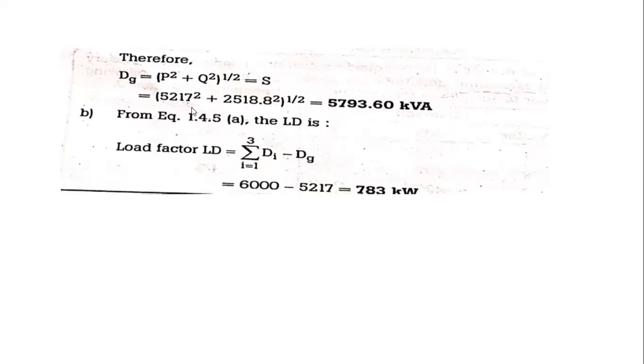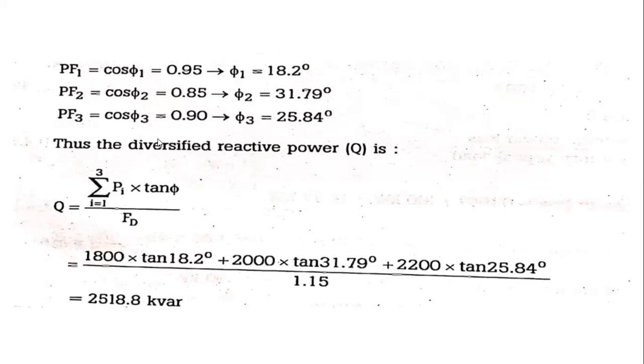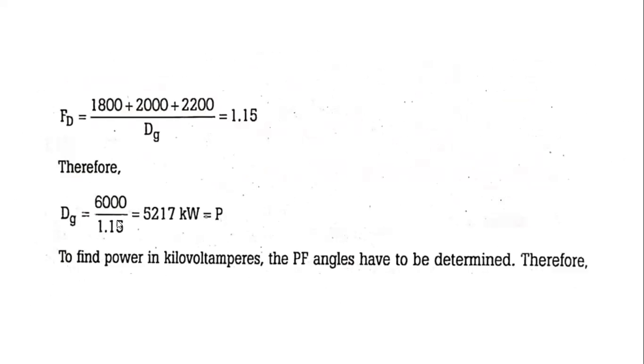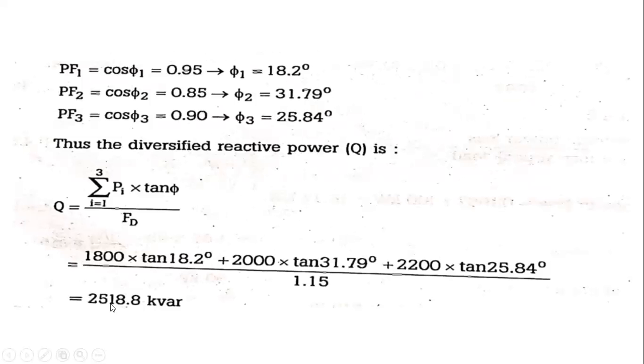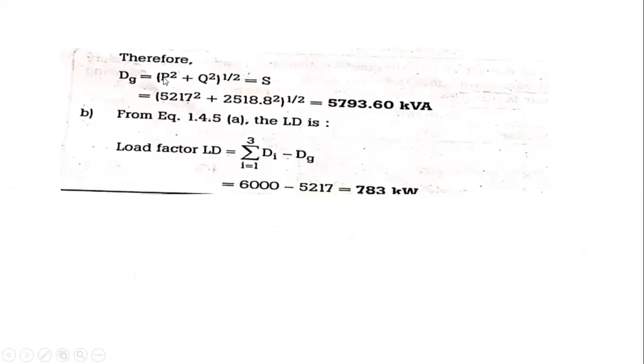Therefore, P is 5270 and Q is 2518.8. Square root of 5217 square plus 2518.8 square, whole power 1 by 2, is equal to S.